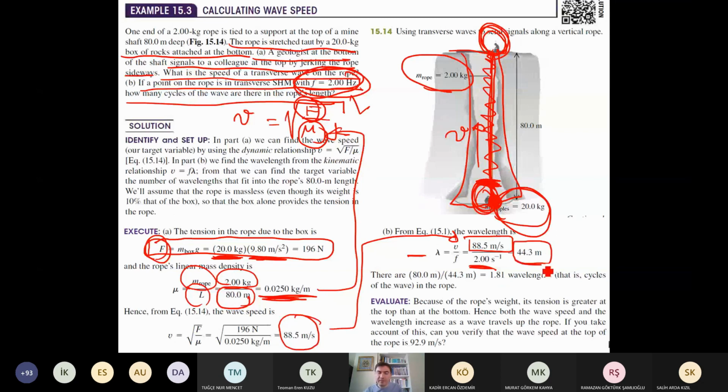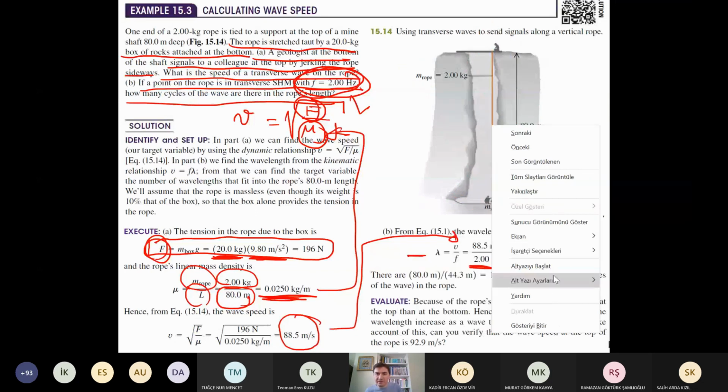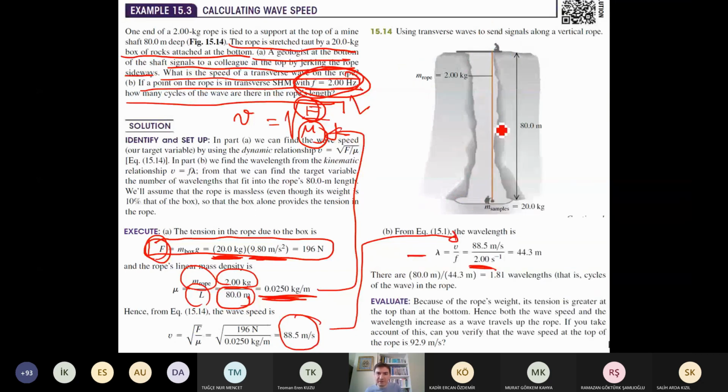This one. Then you can consider that this is 80 meter. And 44.3 is somewhere here, just consider. And we have this wave here. Let's consider we have a wave like this. Okay, so this type of behavior.